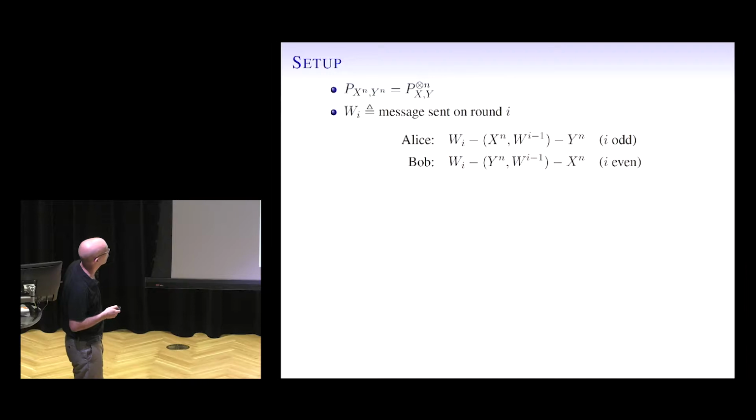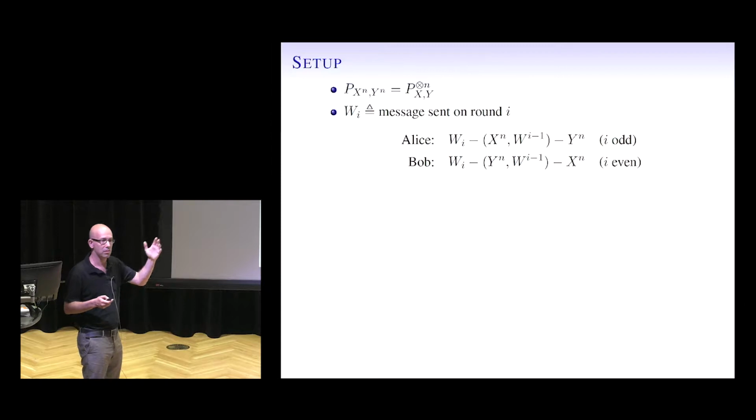All right, let's make it a little bit more precise. So again, we said (X^n, Y^n) is i.i.d. from PXY. And let's call the message sent by whoever, either Alice or Bob, on round i, W_i. What characterizes the protocol communication is this collection of Markov conditions, Markov chains. So let's look at Alice.